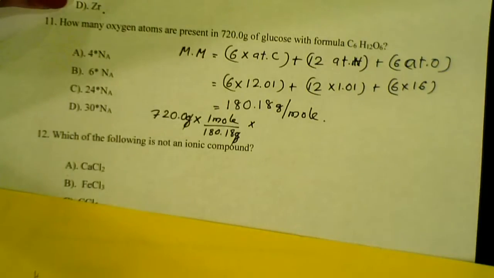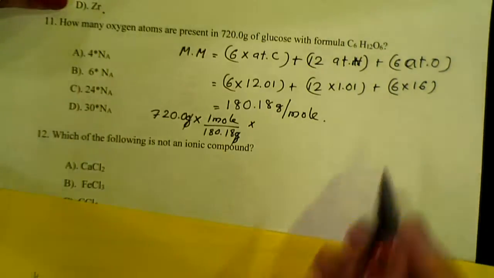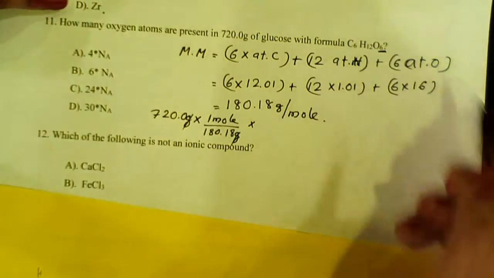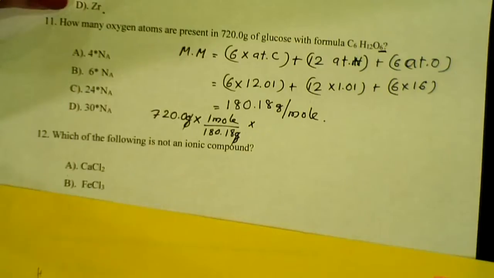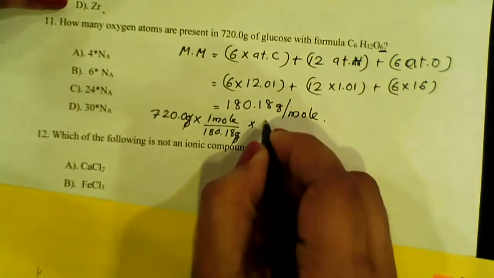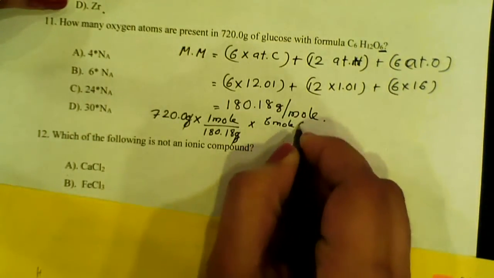In 1 mole of glucose there will be 6 moles of oxygen. It is the same as in 1 molecule of glucose there will be 6 atoms of oxygen. If you convert that into molar form, in 1 mole of glucose there will be 6 moles of oxygen atoms. Okay. So 6 moles of oxygen.